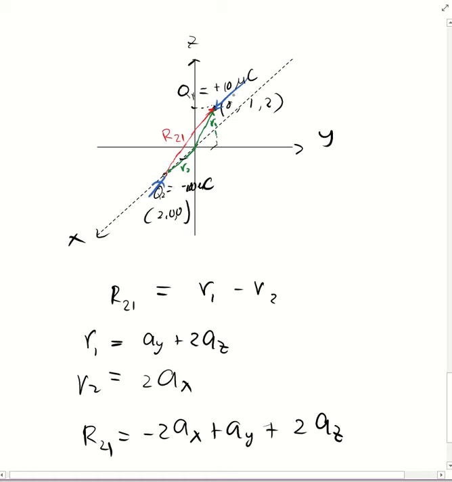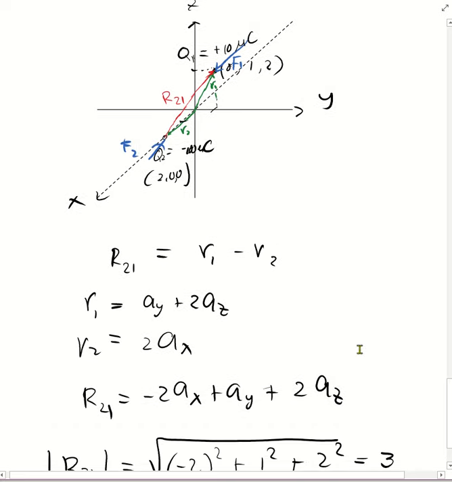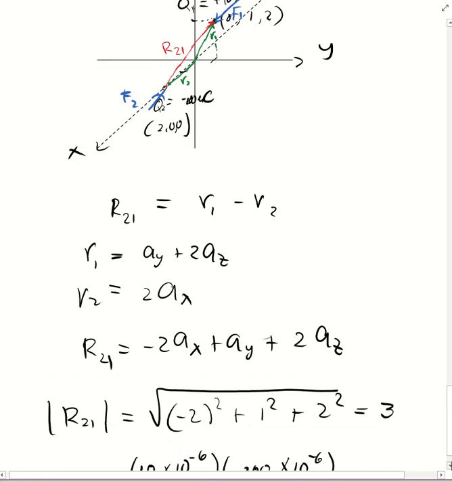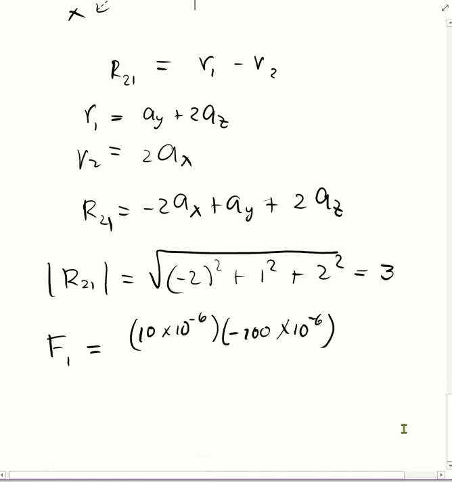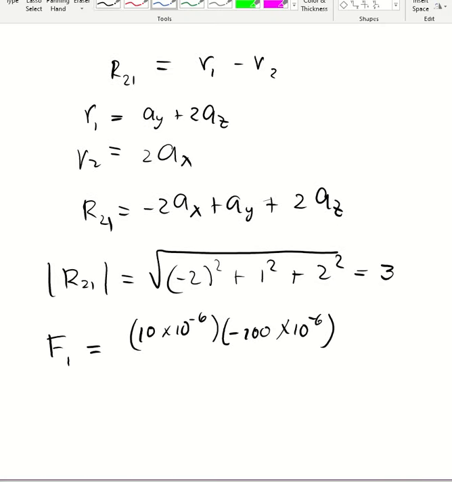It should be F1, and this is F2. We don't know that, but because we multiply it with negative 100, the direction should be in that direction.